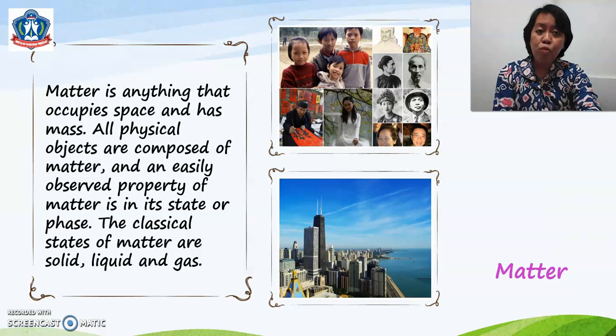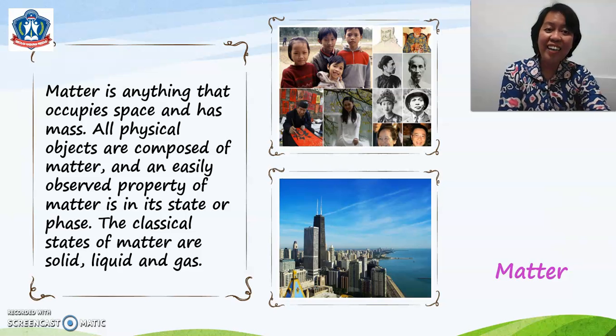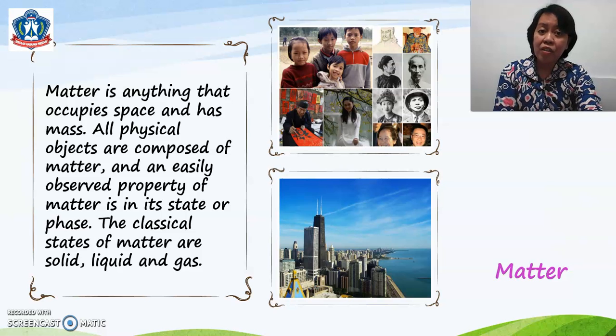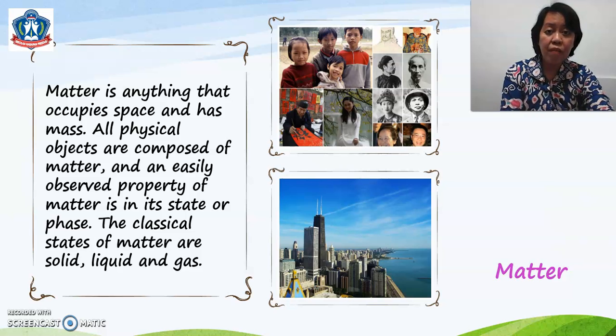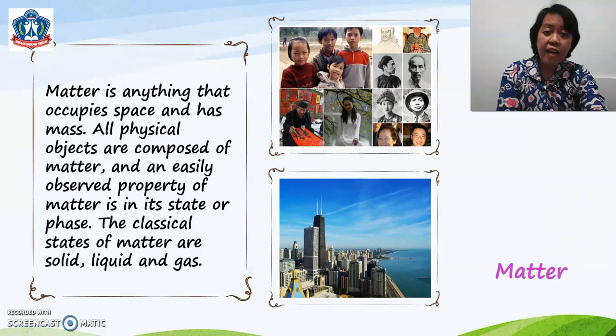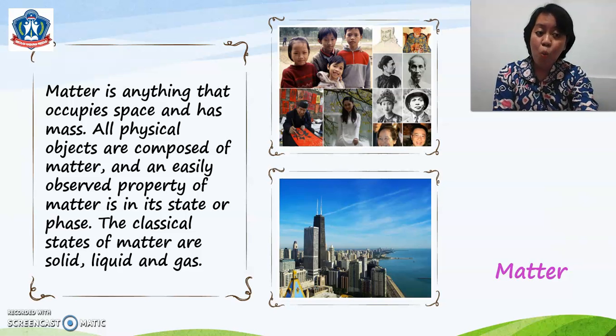All physical objects are composed of matter, and an easily observed property of matter is its state or phase. The classical states of matter are solid, liquid, and gas. So here are examples of matter. In the first picture, we have humans or people, and in the second picture is air and water.